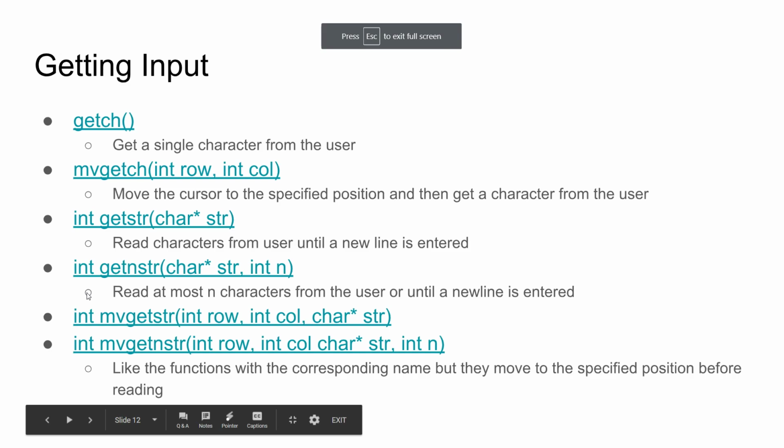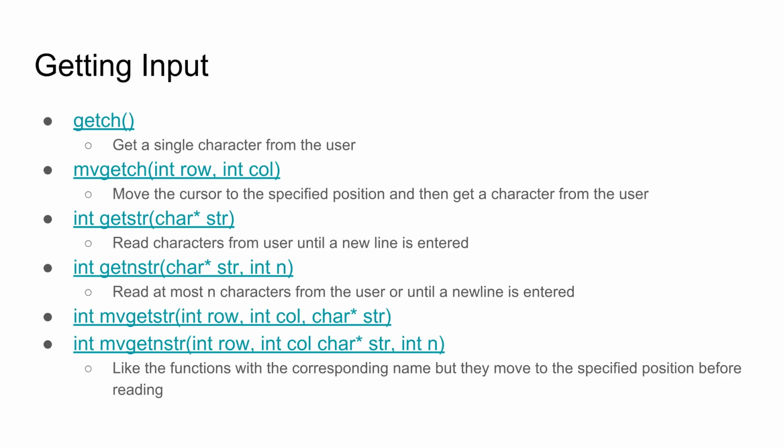Getting input is pretty easy if you want to get input from the standard screen. getch will get you a single character. mvgetch will move you, then get you a character. getstr gives you a string; the user has to type until they finally hit enter. getnstr will read a string until they press enter, or up to n characters. Then you have the movement versions, which will move you to some location before they start reading the input.